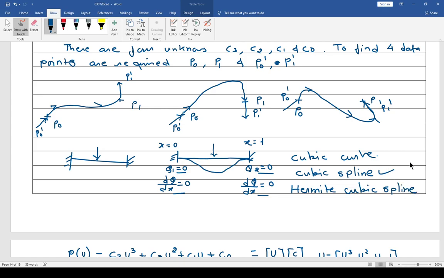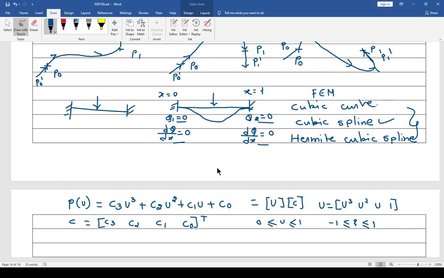We'll be using the term cubic spline in case of FEM. Now we are going to derive the shape function, and the same shape function we are going to use in FEM.